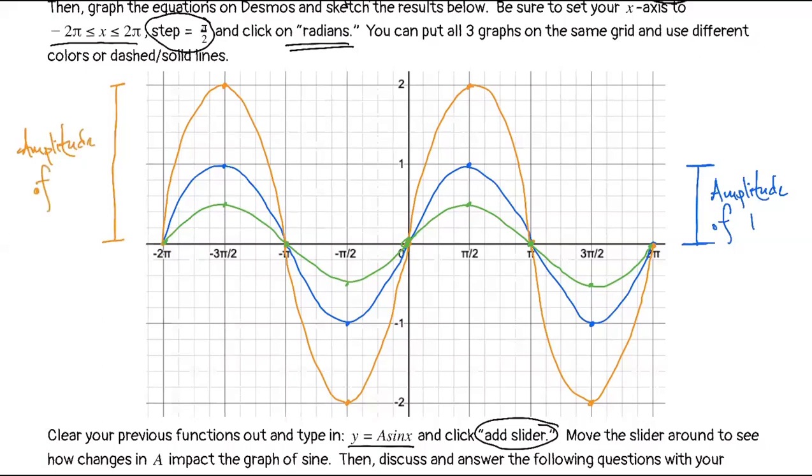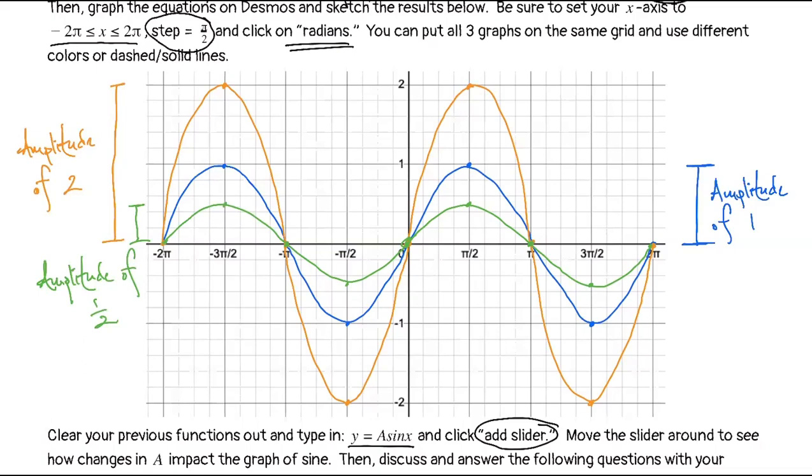All right, so we got an amplitude of the orange one being 2, and the amplitude of the green one of 1/2, okay?